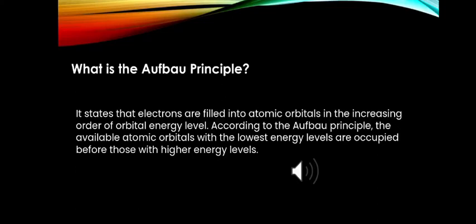This means that firstly we have to fill the electrons in the orbitals with the lowest energy levels, and after that we have to fill the electrons in orbitals with higher energy levels.